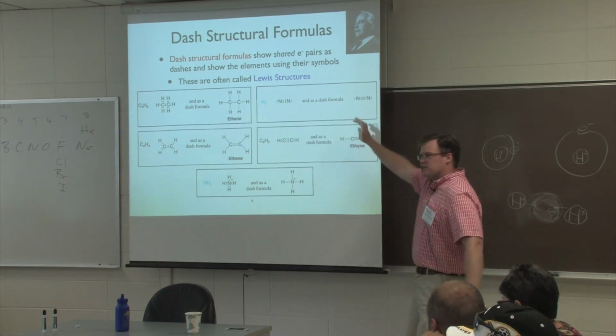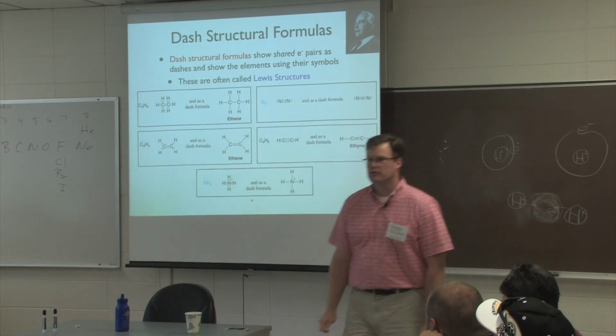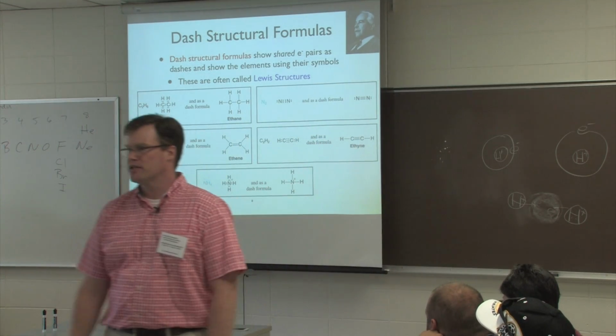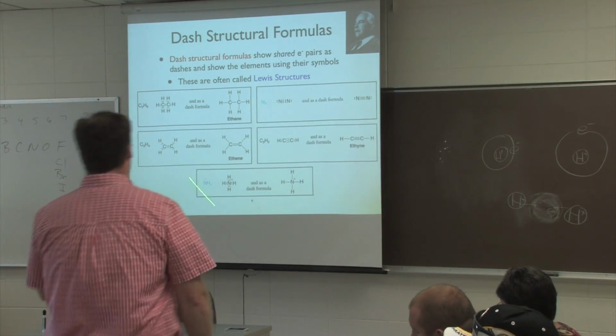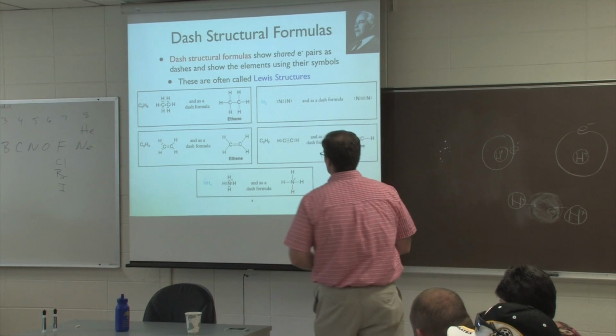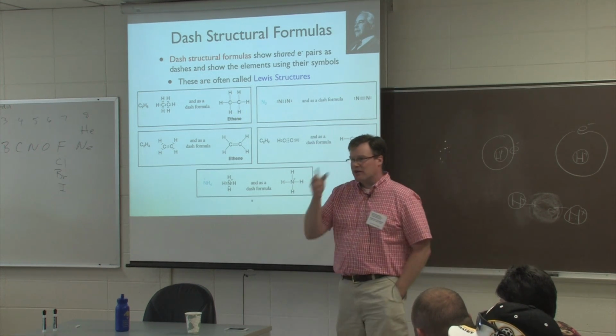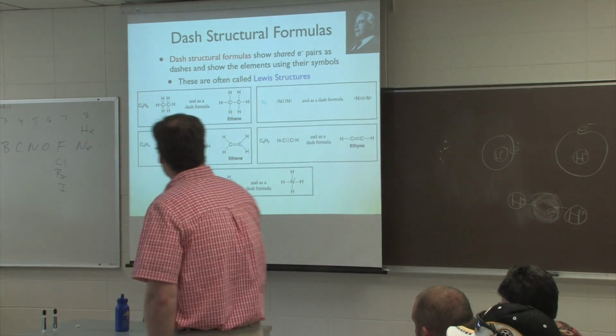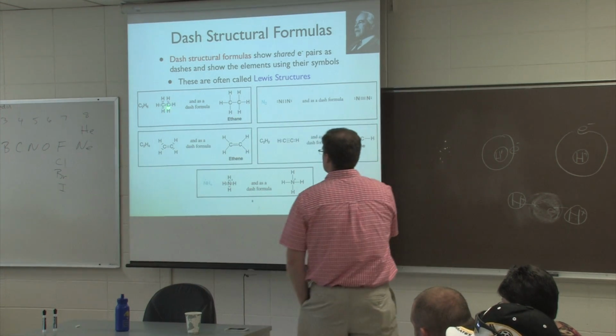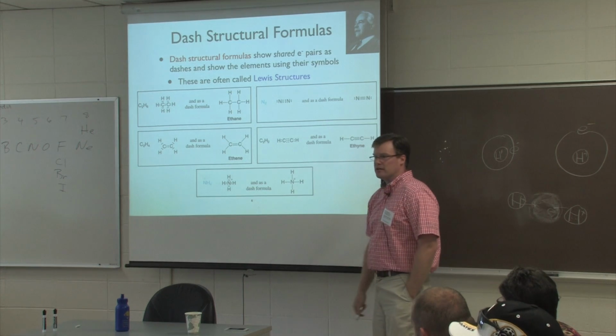What I have right here is just a menu of where we're going. Don't freak out about these structures right now, but this is the type of structures you're going to be able to put together. As I said, I'm an organic chemist, so I have some organic molecules up here. I have ethane, just one more carbon than methane. We have two carbons bound together by a single bond.